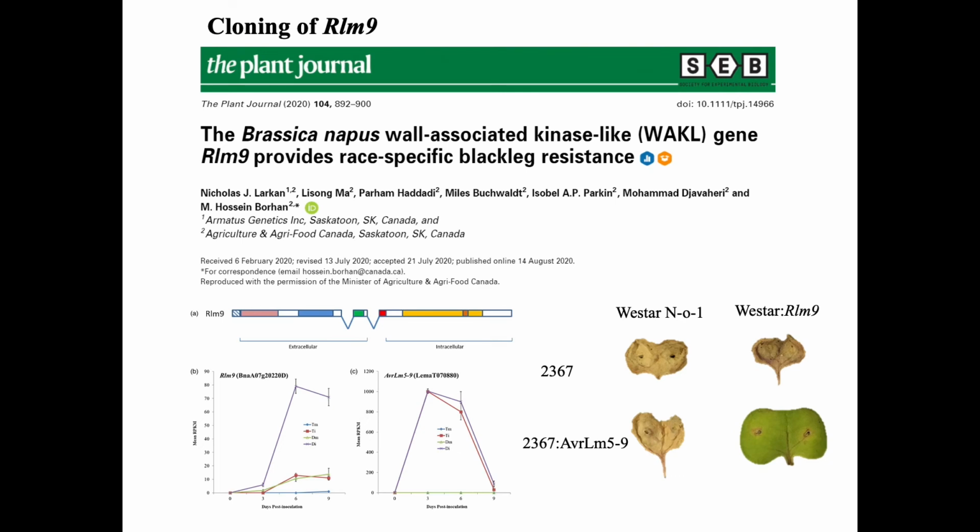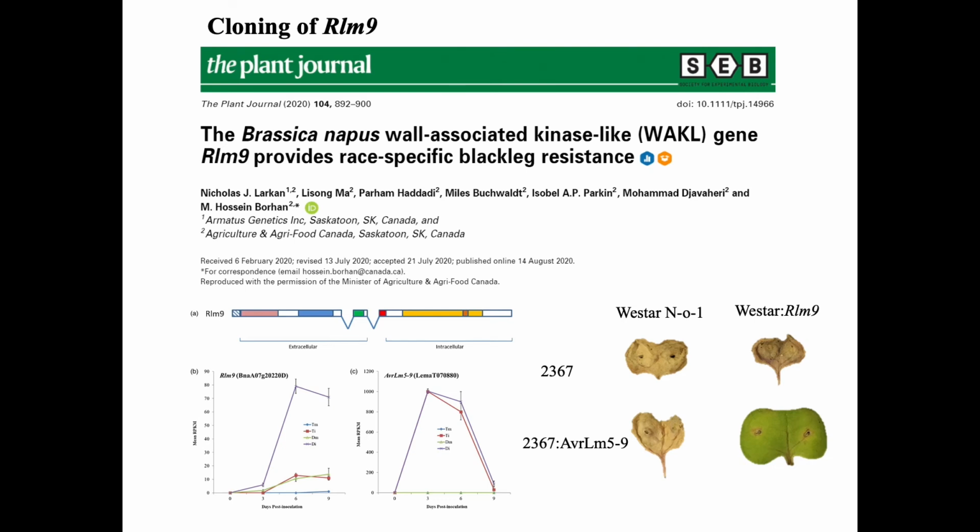It is the second wall-associated kinase-like gene, at least at the time we published this paper, reported from plants for resistance against pathogens. The first one being STB6 from wheat.